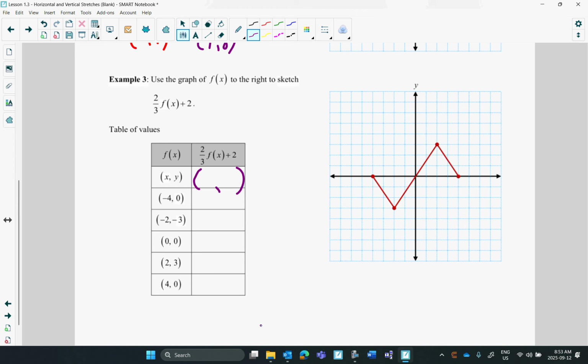What does this mean? Move up, y values or x values? If I'm moving vertically, y values. So the x values are not changing at all. However, the y values, I have to multiply every y value by 2/3, and once I have that answer, I have to add 2.